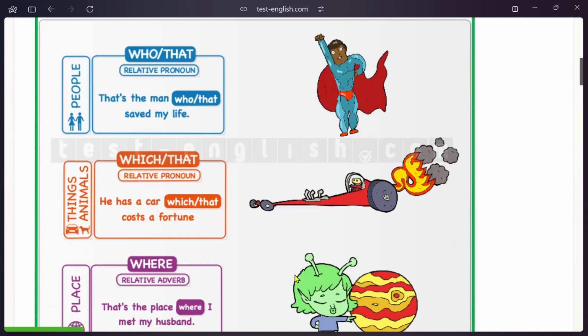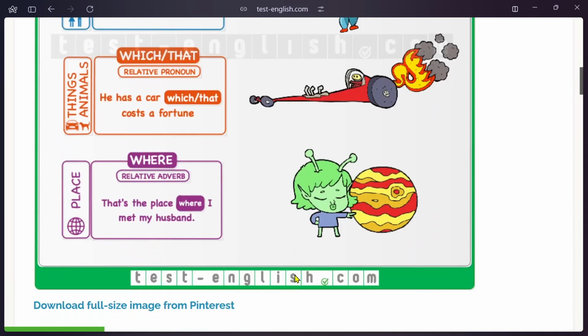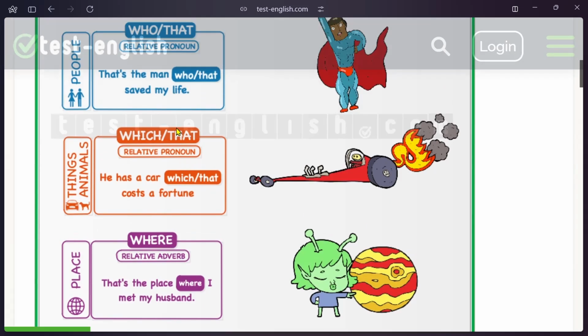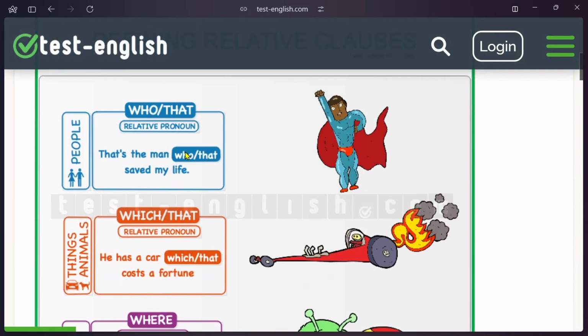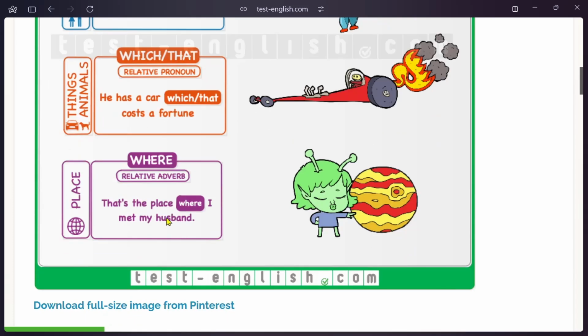With all this analysis, it became a little more complex. Sometimes a subject follows. Who saved is the subject of the next clause. Which costs also is the subject of the next clause. But in this one, where I met my husband is not the subject.